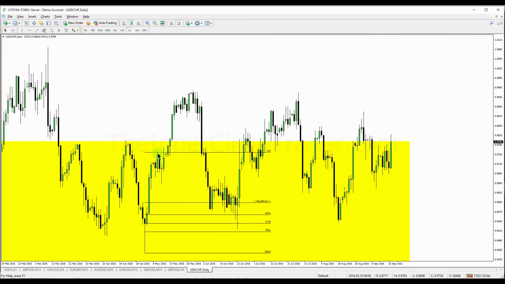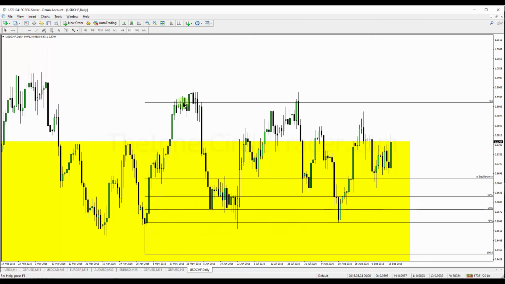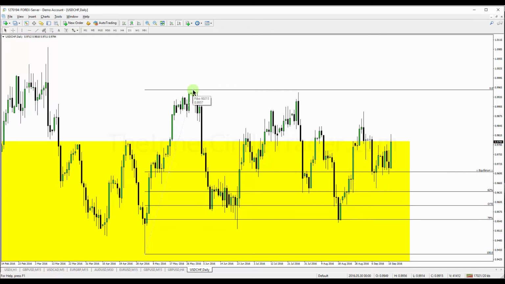Next price leg we look for. Okay, we have this price leg here. We're only focusing on inside the yellow area. That's the shaded discount portion of this market. The dollar Swissy, this current market is at a discount below this line here.